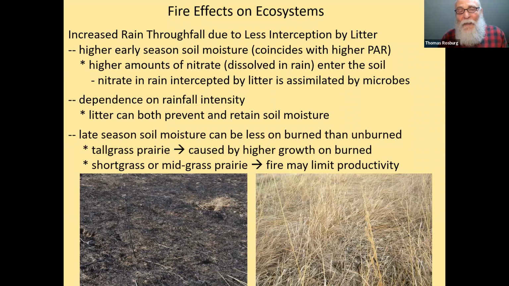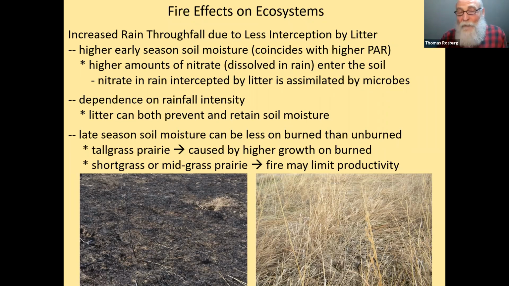What people have seen is that if you look at soil moisture at the end of the growing season, we will see that things have been reversed. Late season moisture will be less on this burned area than over here. And again, part of that is due to the fact that the mulch over here might be helping to conserve whatever moisture or protect that moisture from evaporation.